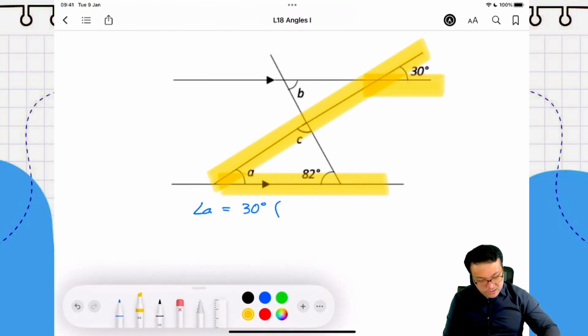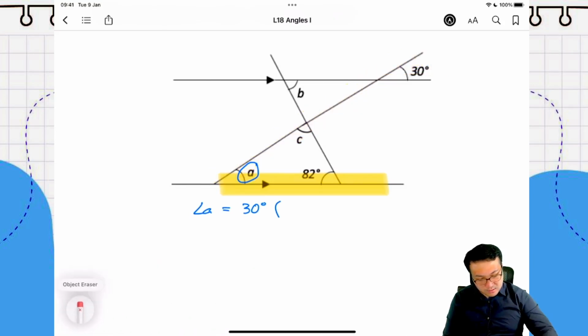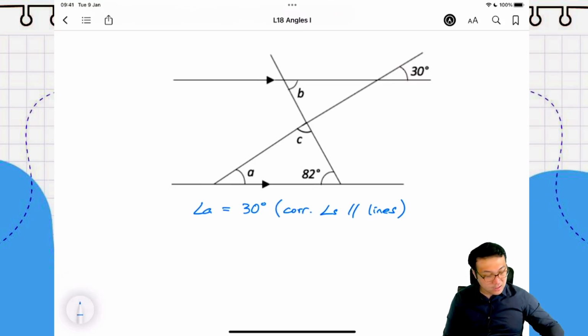Whenever you have a letter F, this angle equals to this angle. So what rule is that? It's called corresponding angles, parallel lines. There you go. So straight away we found angle A.